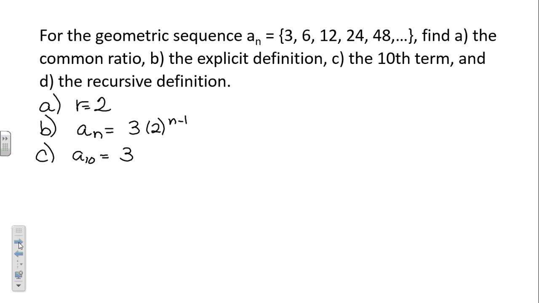So 3 times 2 to the 9th power. 2 to the 9th is how much? 512 times 3. 1536, is that correct? Okay, so that's our 10th term. And then finally D, the recursive definition. So a recursive definition always has two parts. What's the first part?